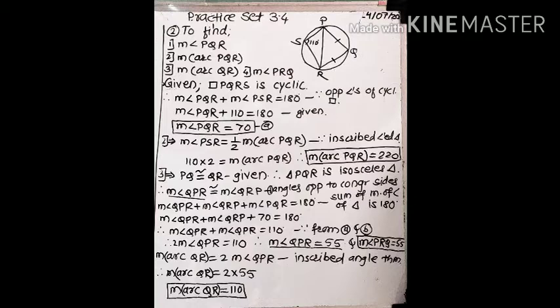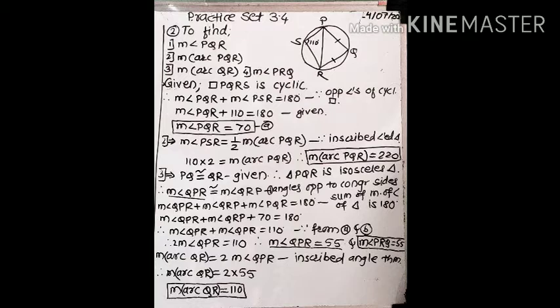Now by the angle sum property of a triangle, the measure of angle P plus R plus Q is equal to 180, and we have P and R congruent.